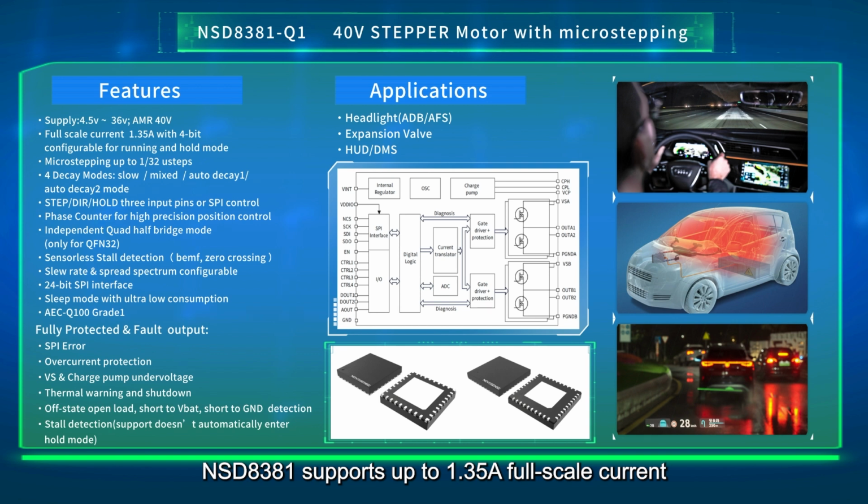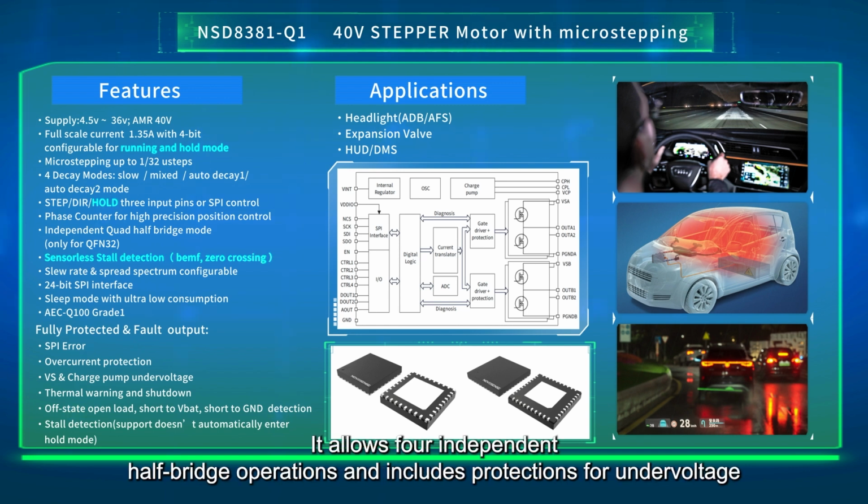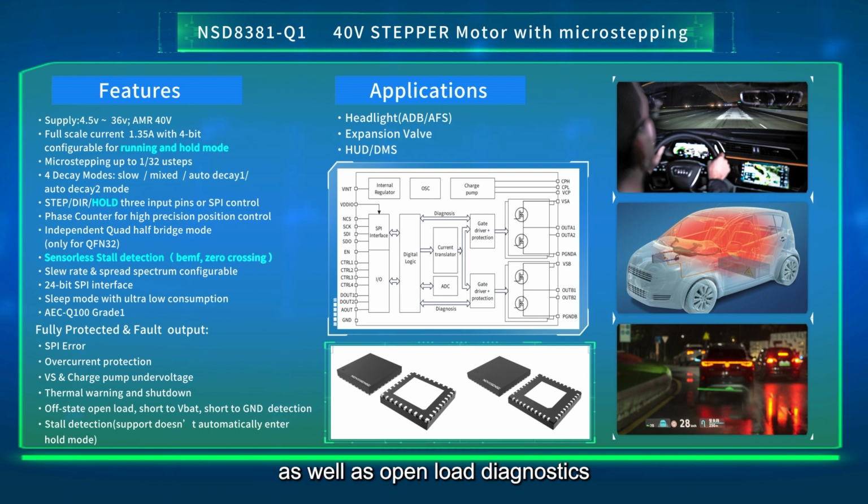NSD8381 supports up to 1.35 amperes full-scale current, 16-level current regulation, up to 32 microsteps, and multiple decay modes. It allows 4 independent half-bridge operations and includes protection as well as open-load diagnostics. Additionally, it integrates the stall detection function for fault output and stall diagnosis.